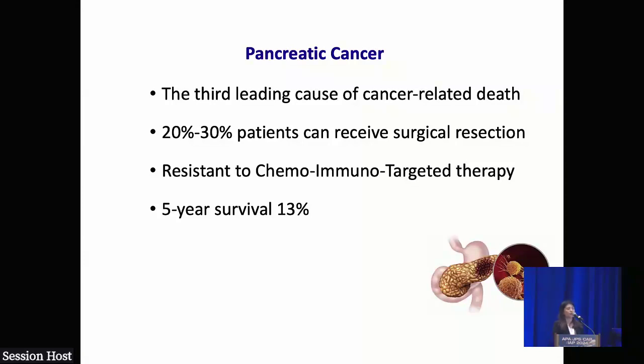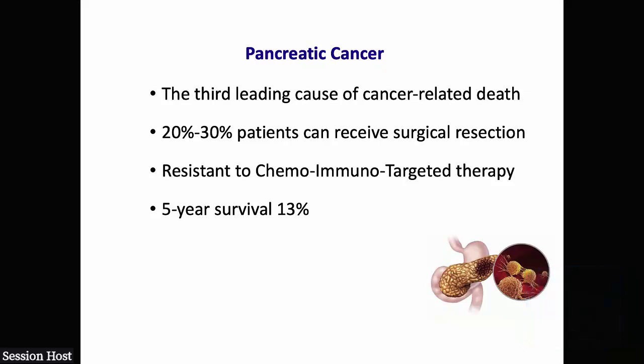Pancreatic cancer is one of the malignant gastrointestinal cancers, and it's the third leading cause of cancer-related deaths in the United States. Only 20 to 30% of patients have the chance to receive surgical resection, and many patients are resistant to chemo, immune, or targeted therapy. So the 5-year survival for these patients is only 13%.